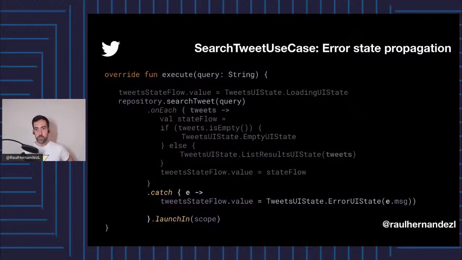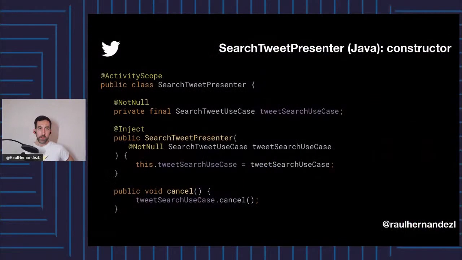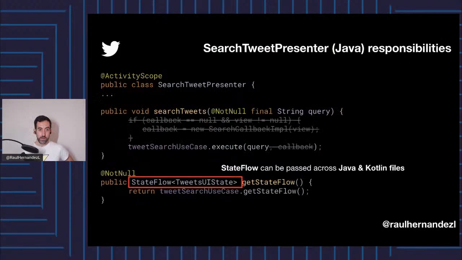This didn't change. But now, interestingly, we need to make sure that the StateFlow handler is collecting this. By that, I mean we have the search tweet presenter with the use case, and this search tweet presenter is going to have this use case embedded, and this use case is going to be canceled, and we're going to need to pass again the StateFlow from the use case to the other layers.